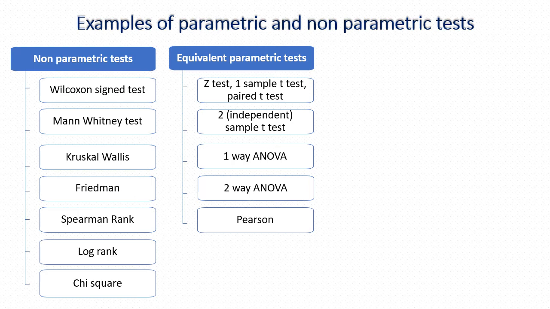So moving ahead, we now look at the different types of parametric and non-parametric tests that are commonly performed. On the left side, you have the different types of non-parametric tests, and on the right side, you have the equivalent parametric counterparts.